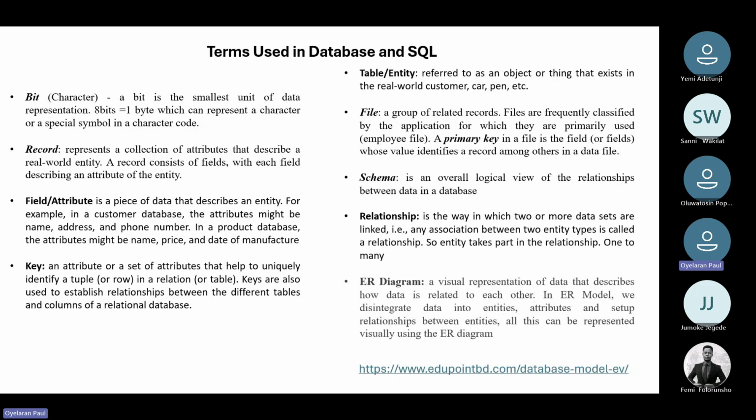So we have another one called files. When we talk of a file, that's a group of related records. Files are frequently classified by the application for which they are used, like an employee file. They can say they want to see our audit file for 2025.